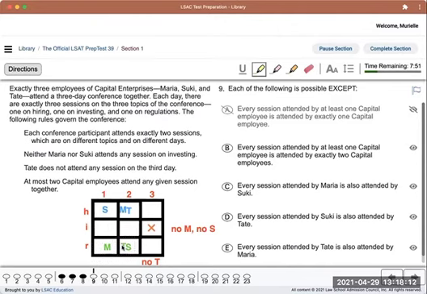And then we would somehow have to try to put 2 players together for each of these, but then not have a player do the same session twice or have 2 sessions in one day. And there's actually no way to make that work, right?